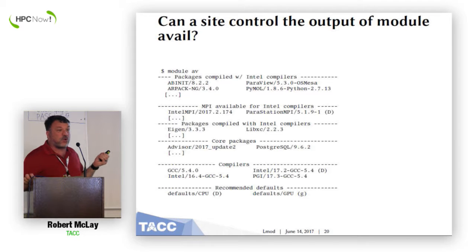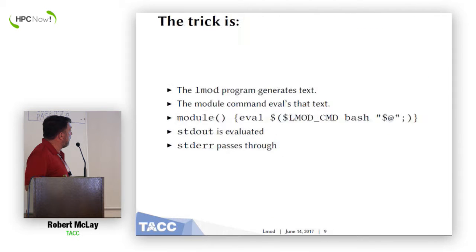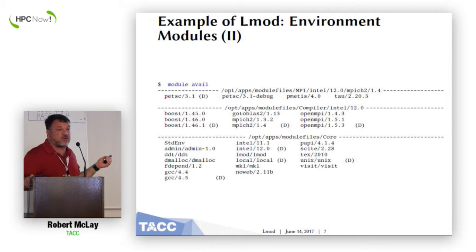Sites want to control the output of avail. This is the normal output you get, where it shows the directories that those module files are in. For experienced users, that's fine.